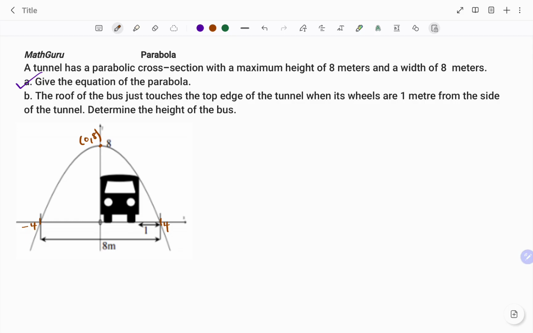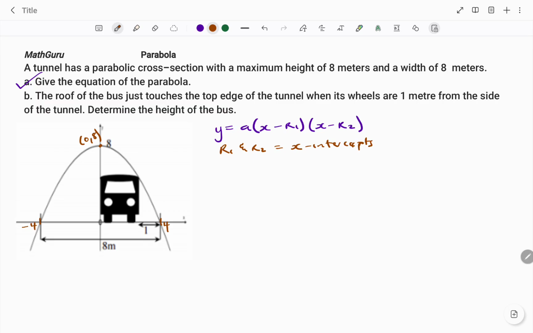Therefore, to find the equation of the parabola, because the turning point is given, I'm going to use two equations. The x-intercept form, which states that y equals a times (x minus r1) multiplying (x minus r2). Note that this is the x-intercept formula, and r1 and r2 are your x-intercepts.